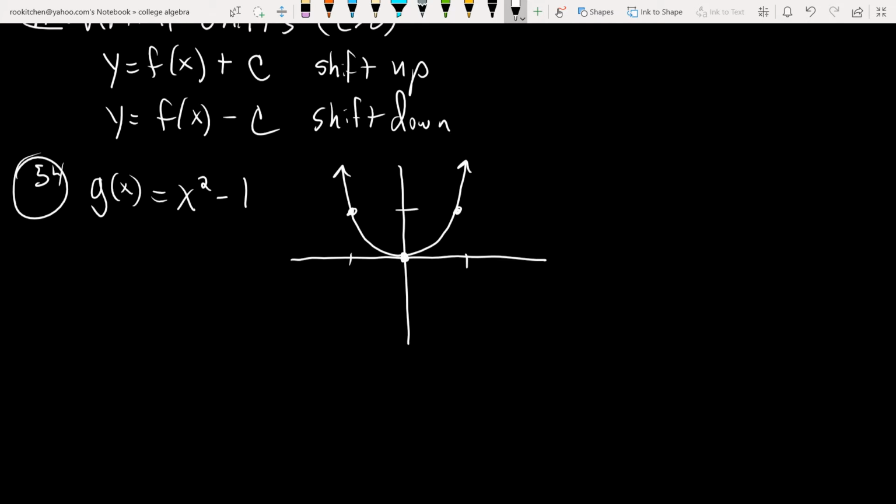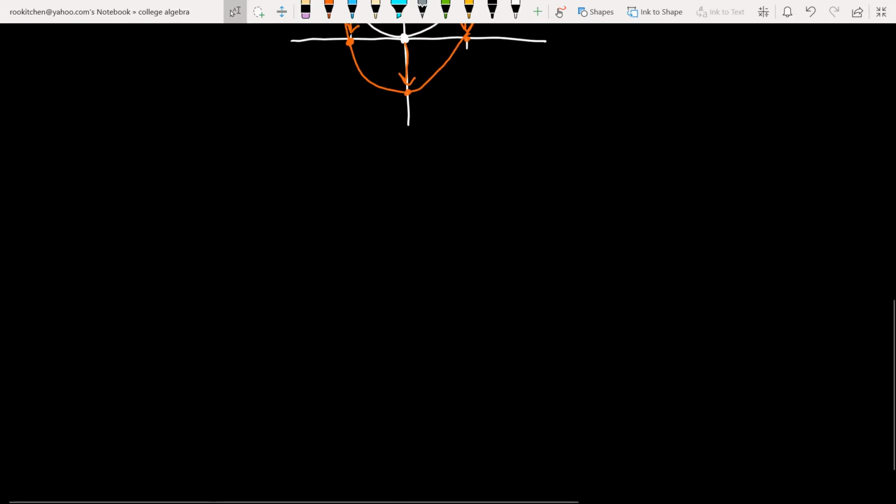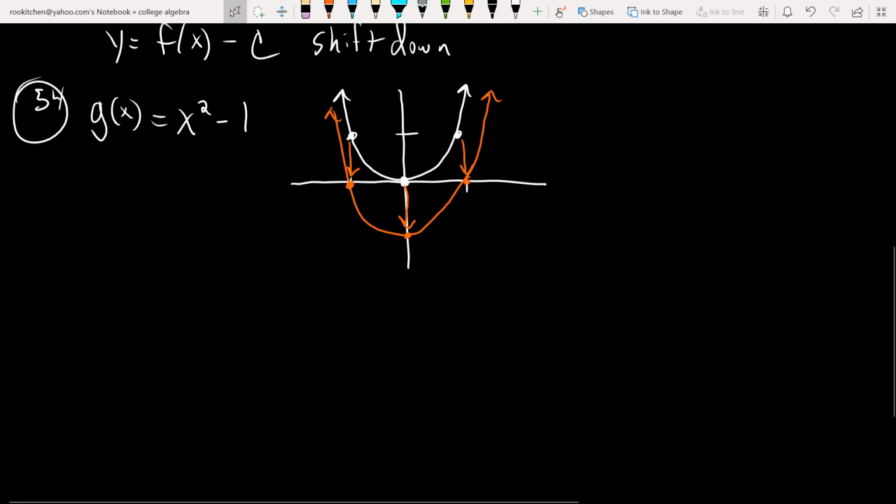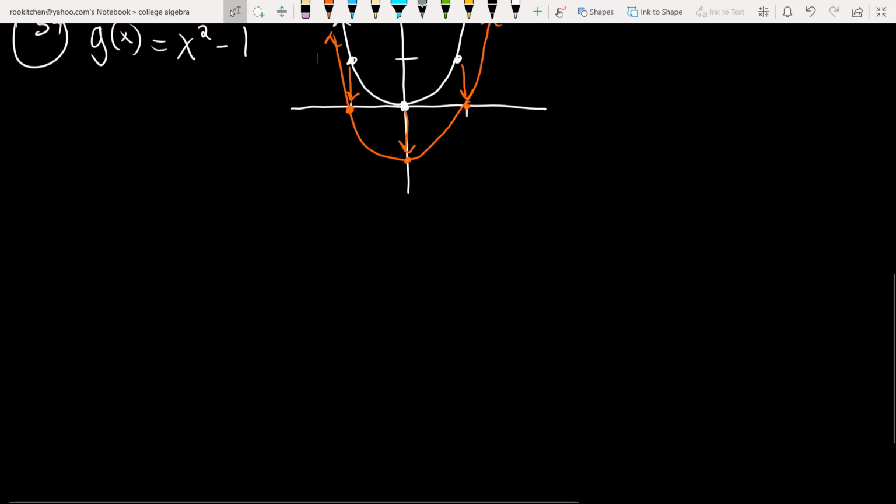To get g of x equals x squared minus 1, you just shift everything down by 1. I'll put that in red. I'm going to shift everything down 1 unit, and I'll have my new graph right here. So it becomes real easy to graph things. That was a terrible graph, but I think you get the idea. It should be the exact same graph, just moved down by one tick mark.